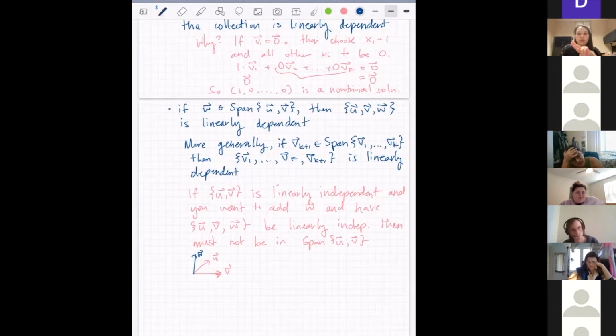If you have two vectors, then so long as they are linearly independent, so not constant multiples of each other, they will span a plane, right? That's what I've drawn here. So they create this plane, and you just choose w to be outside of that plane.